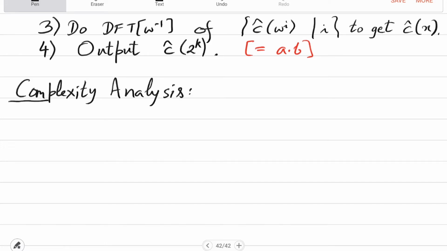How fast is this? It will not be L times log L, because now we'll also have to count bit operations. So it will be slightly more than that. So how much more? So steps 1 and 3, which is the DFT part.